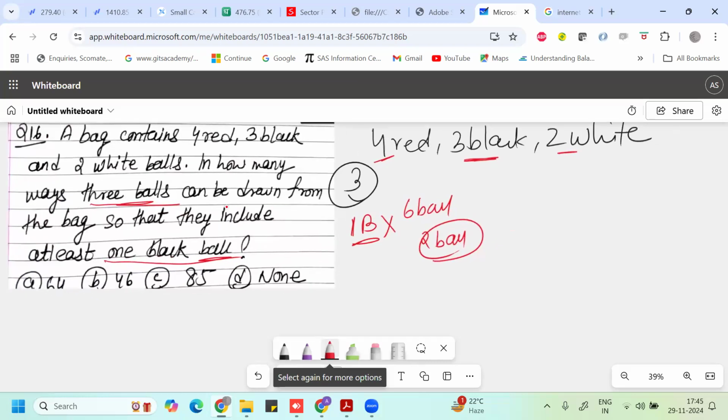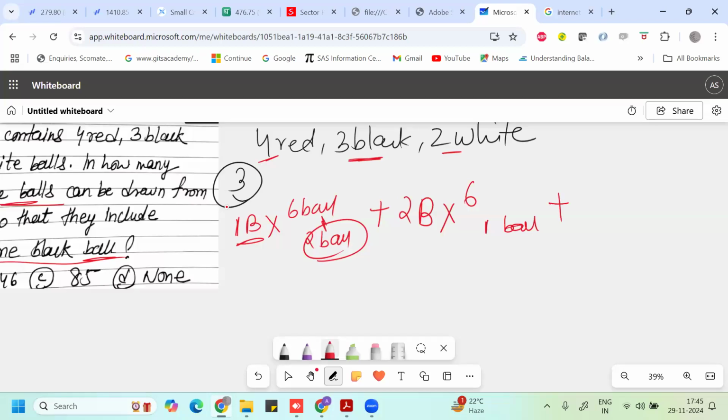So either one black and from 6 balls any other 2, plus 2 black into from 6 balls any 1 ball, or all 3 black balls.